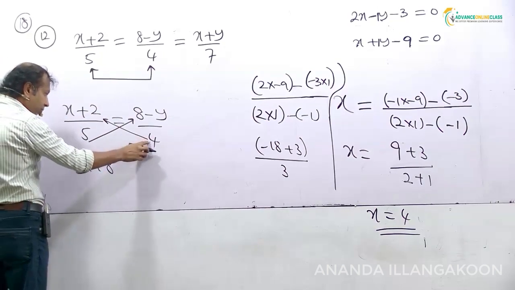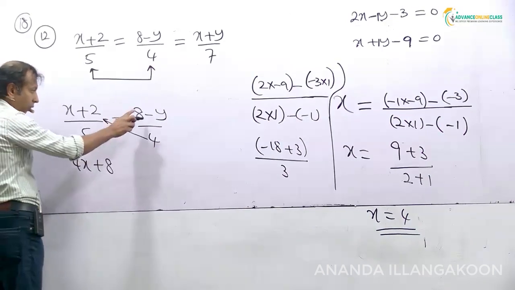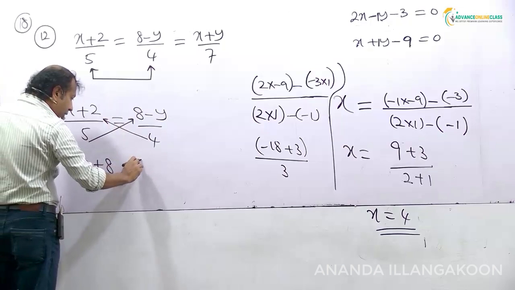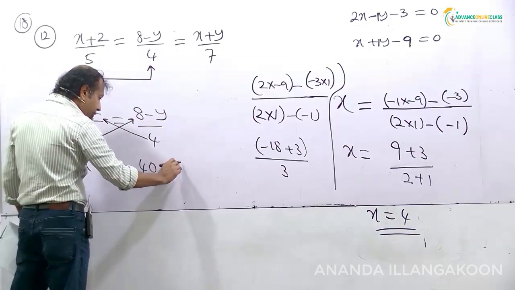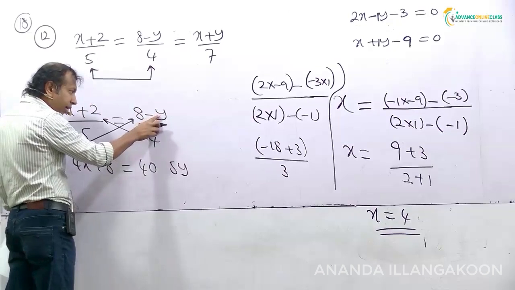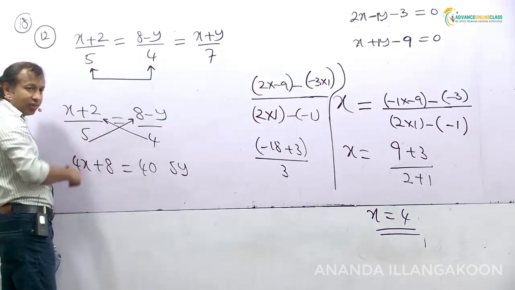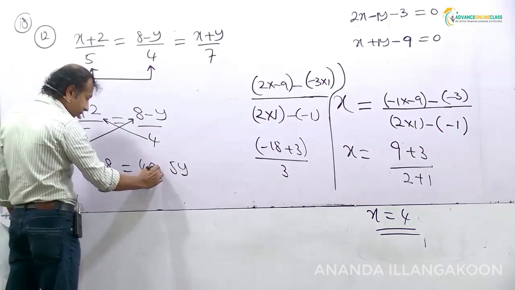Sign is plus because this is plus, this is plus. By this 5, we have to multiply both 8 and y. 5 into 8, what is that? 40. 5 into y, 5y. But here y has a minus sign, 5 has a plus sign. Plus and minus make what? Minus. Correct, no? Yes, put minus here.